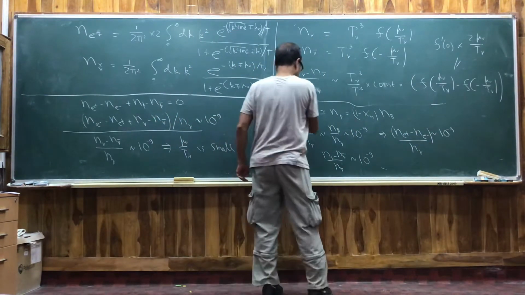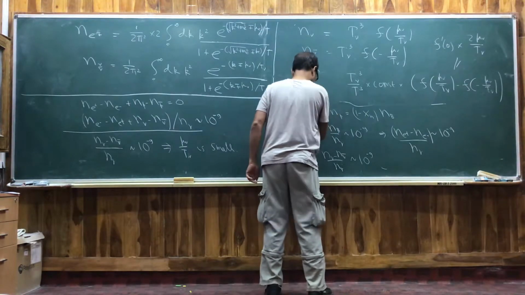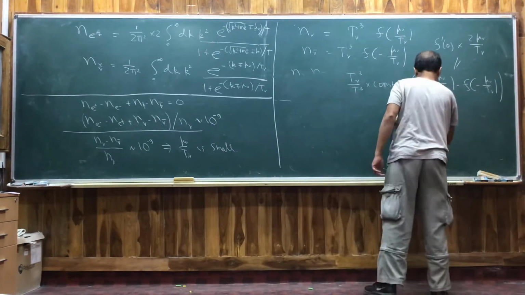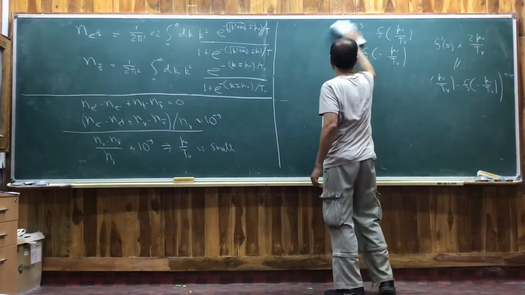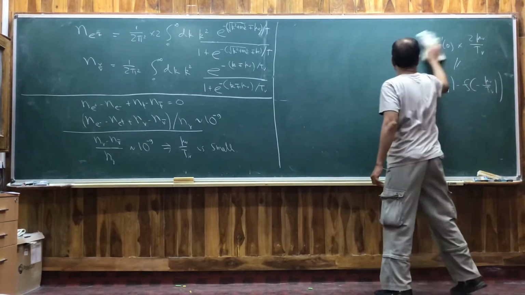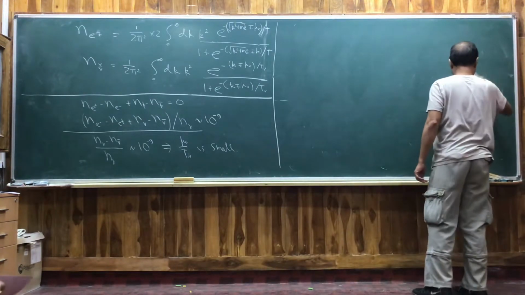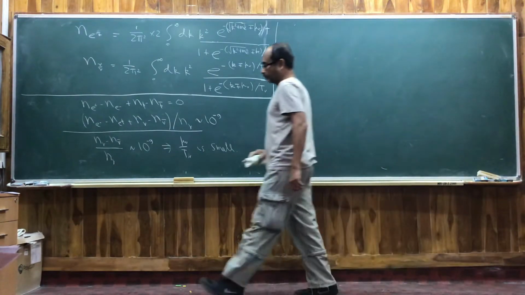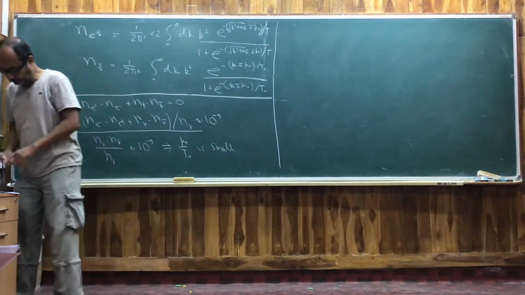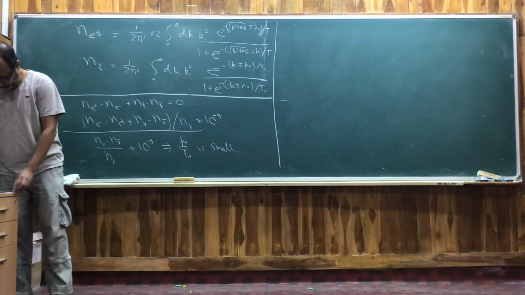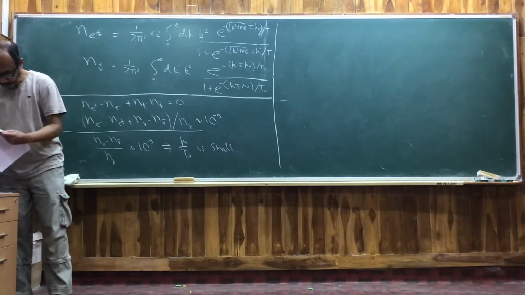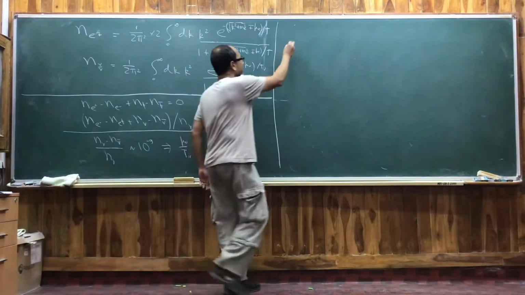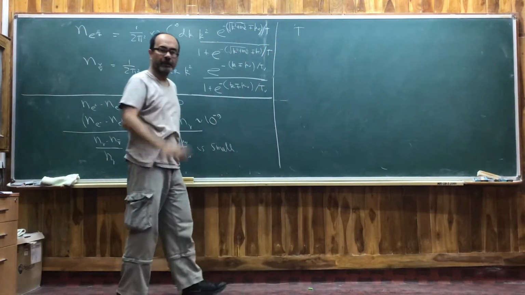So I'm going to erase this. Okay. So first of all, we have already argued that for t larger than m_e there is no problem, right?